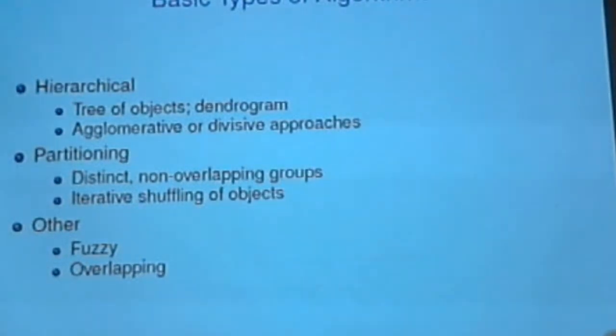The second type of algorithm is partitioning. This produces distinct, non-overlapping groups with iterative shuffling of objects, and that includes k-means clustering, among others. There's a particular software package called cluster, which comes with the standard R distribution.